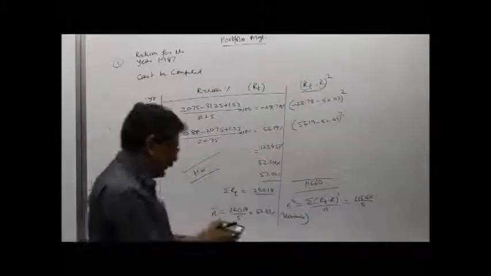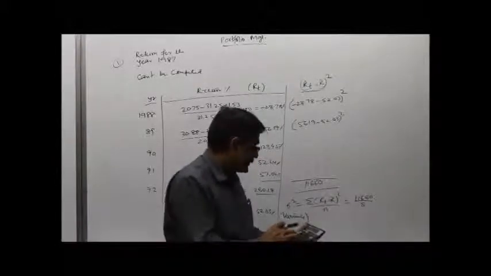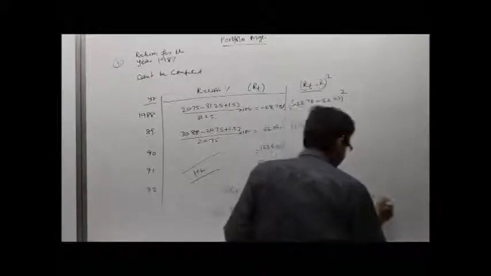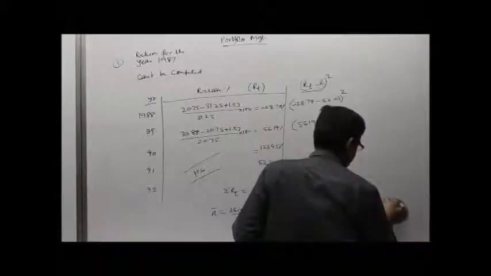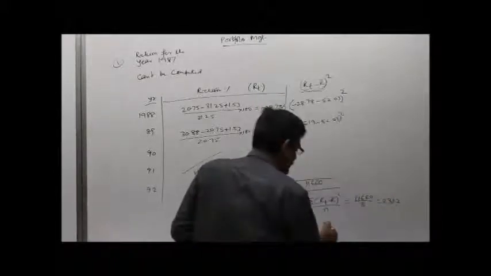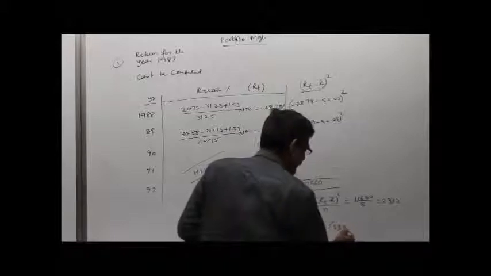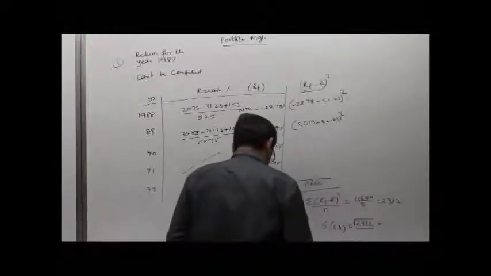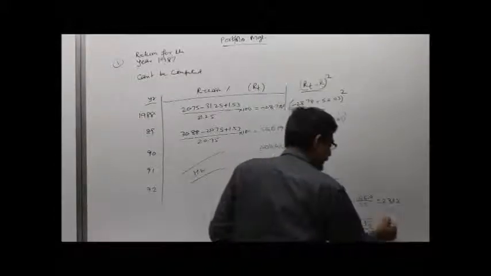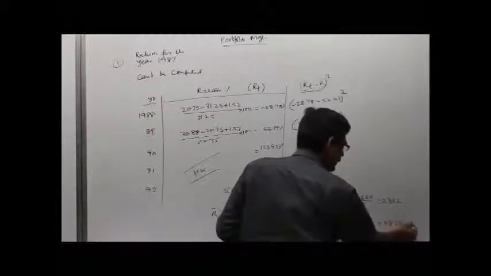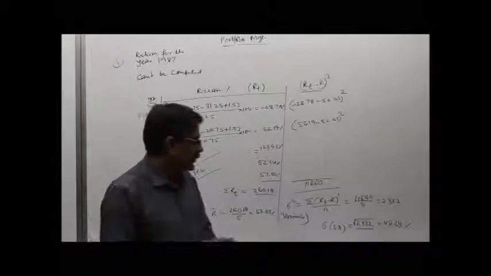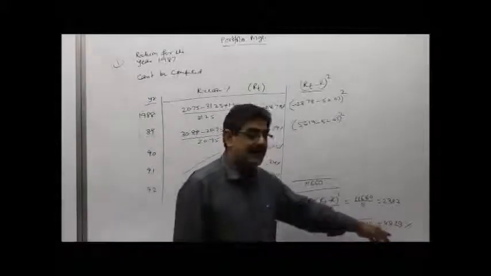If I calculate for you, 11160 divided by 5 is 2332. And so sigma, which is the standard deviation, is equal to the square root of 2332. So it is 48.29. Make sure the unit of standard deviation is percentage, so you must not forget to write the percentage here.